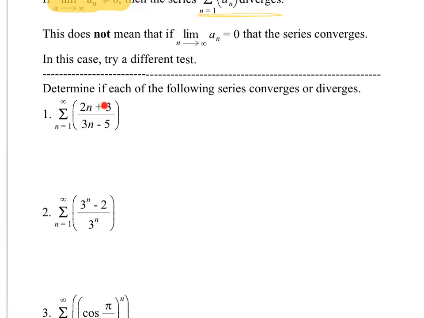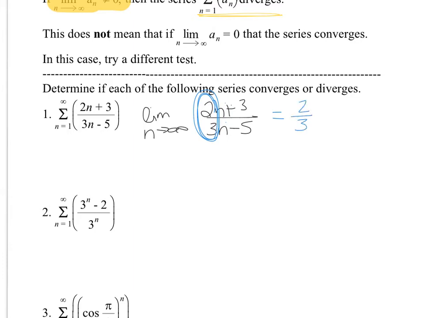This part right here is a sub n, and you're going to determine if that goes to infinity. So when you take the limit as n goes to infinity of (2n + 3) over (3n - 5), hopefully you remember your limits well enough: going to infinity, you look at leading coefficient over leading coefficient when the degrees are the same, so the limit goes to 2/3.